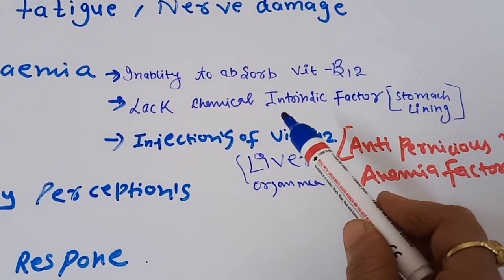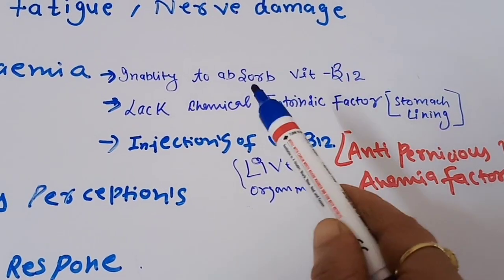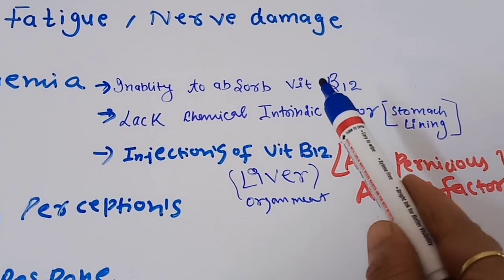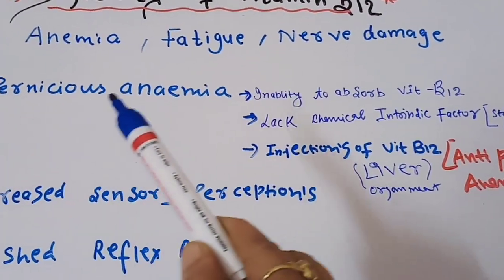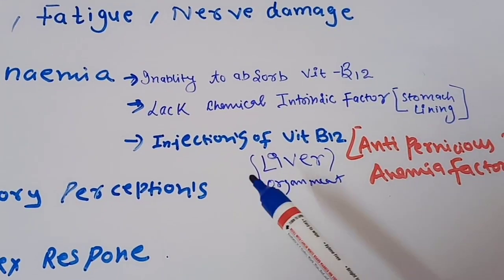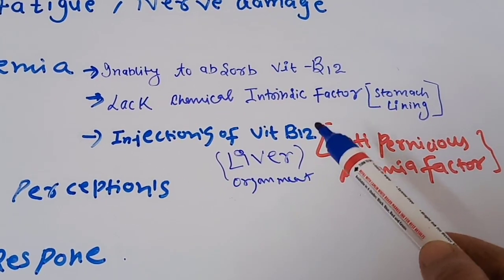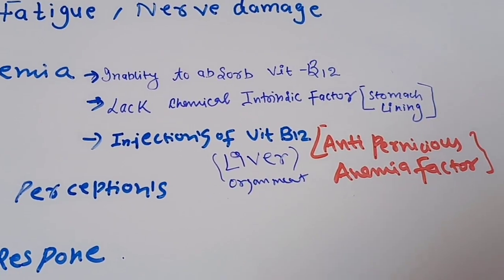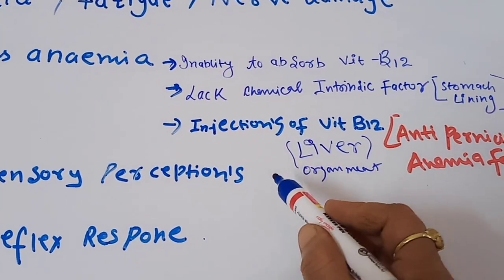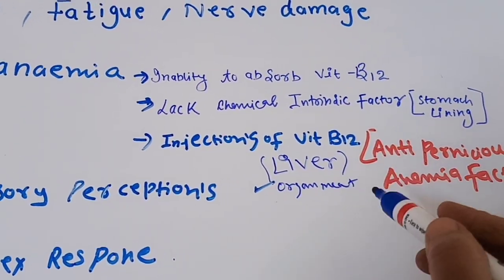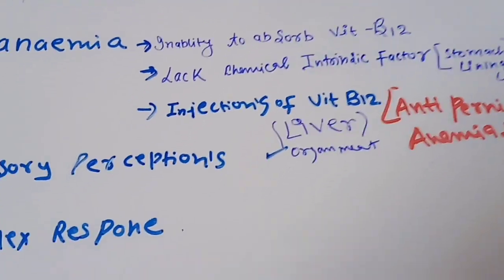So if this chemical is missing in our intestines, the body is unable to absorb vitamin B12, and the lack causes the disease, that is pernicious anemia. We can treat it with injections of vitamin B12, and a person having pernicious anemia can be treated by giving a good diet of liver, as told in the beginning itself, the organ meat liver is a good source of vitamin B12.